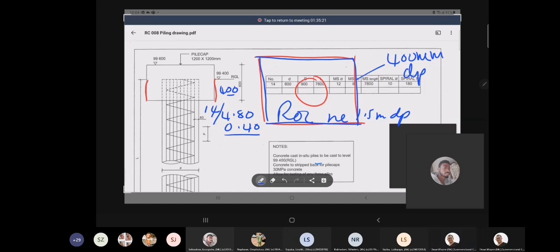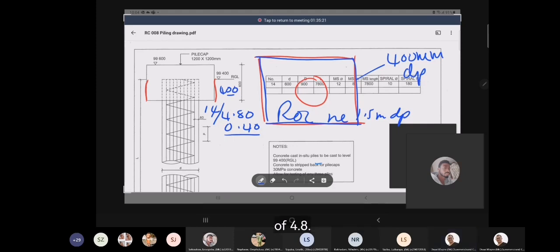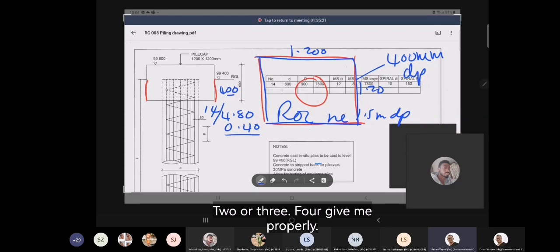Okay. All happy with how I arrived at my dimension of 4.8? Was it E? That times 2, 3, 4 gives me 4.8. Okay.